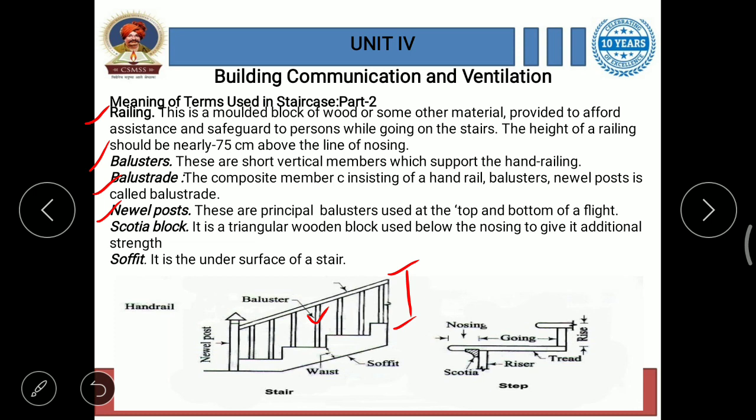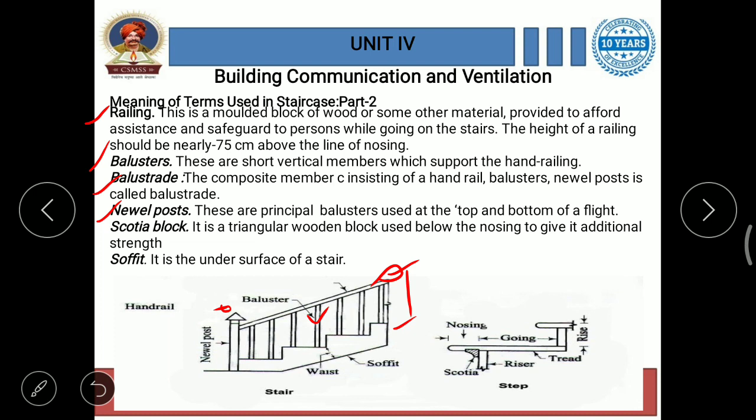They are called newel posts. Newel posts are nothing but balusters, but they are principal members. That means the baluster provided at the starting and at the end of the flight is called a newel post.